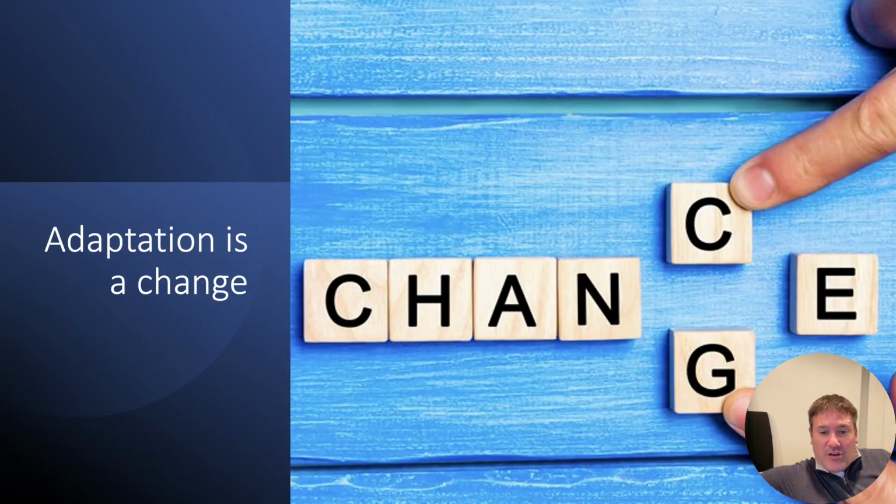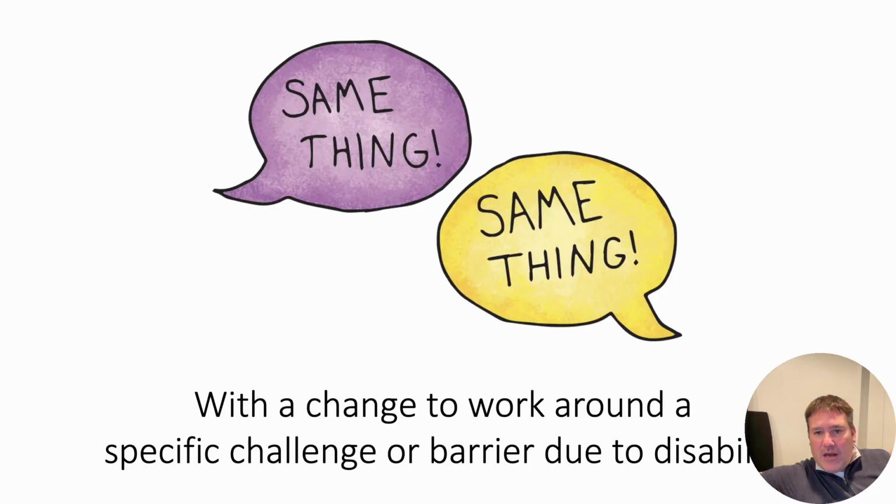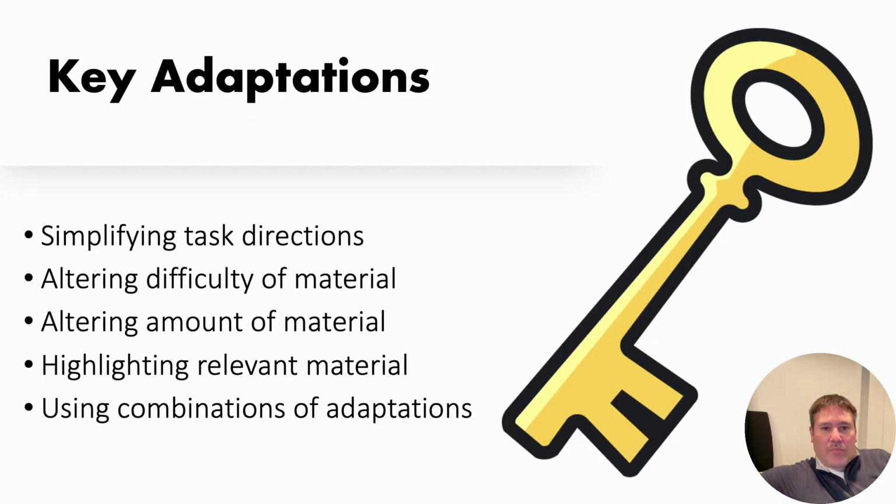So you've already heard me say that adaptations are a change, and that they help kids work around a specific challenge that they have because of their disability. Key adaptations are simplifying task directions, altering the difficulty of material, altering the amount of material, highlighting relevant material, and using combinations of adaptations.